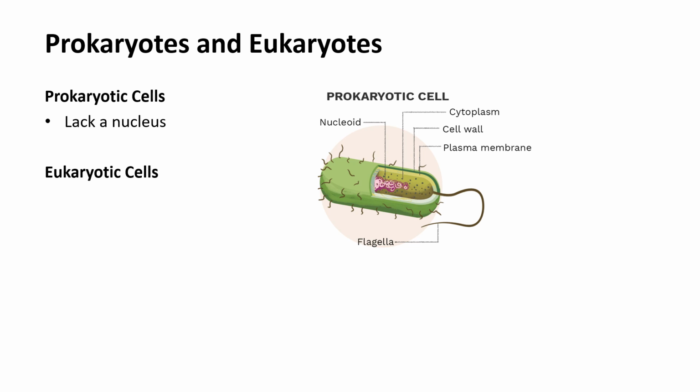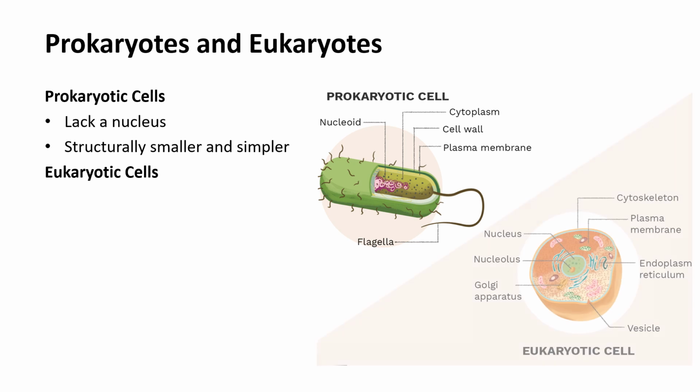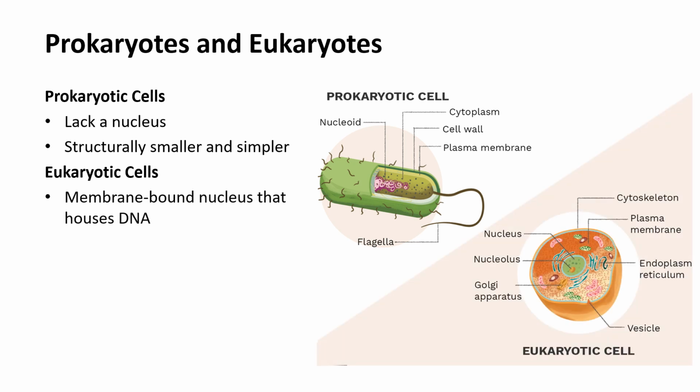So prokaryotic cells are before nucleus, or they lack a nucleus, and they tend to be much smaller and have a more simple structure. They are not simple in their own right. They have a lot of complexity to them, but we tend to say that in comparison to eukaryotic cells, they're much simpler. Now, eukaryotic cells have a true membrane-bound nucleus that houses or stores our DNA.